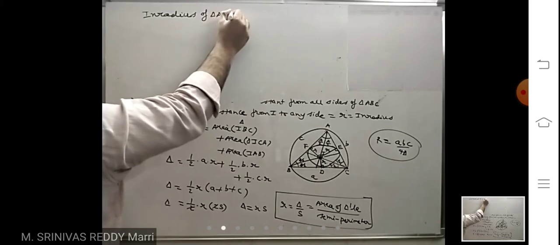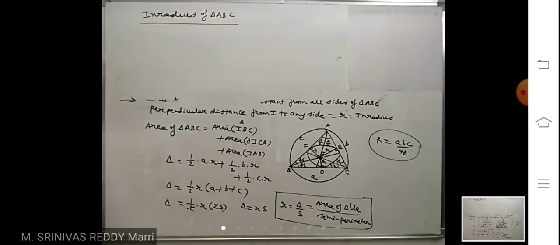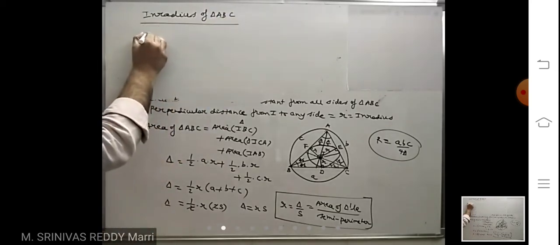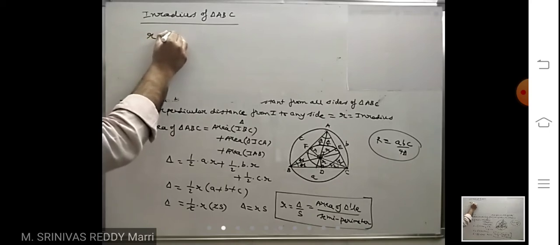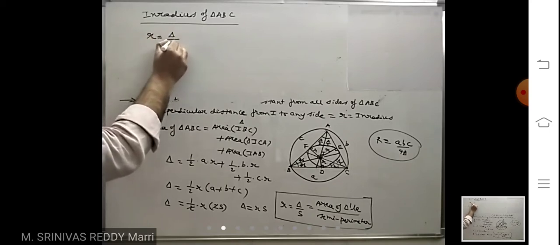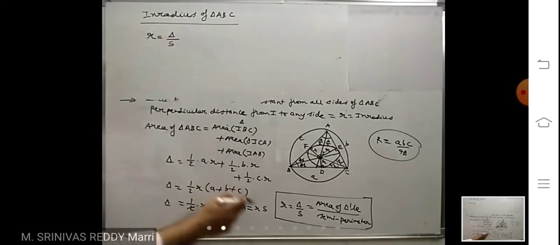Look at the formula. What are the formulas involved? I will tell. R equal to delta divided by S. This formula I have derived now. R equal to delta by S.